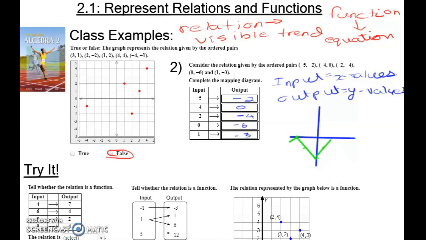So you can guess the natural trend of this graph.